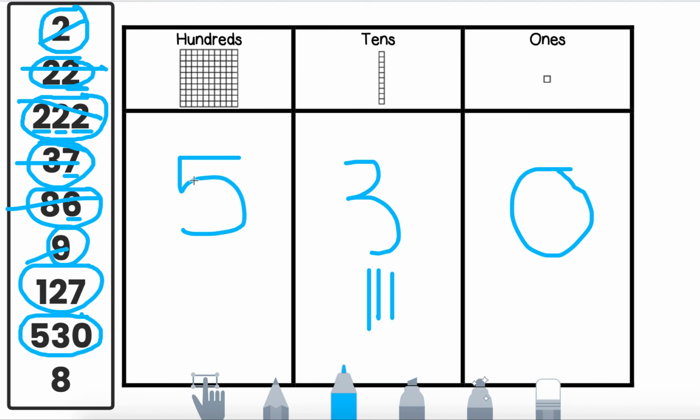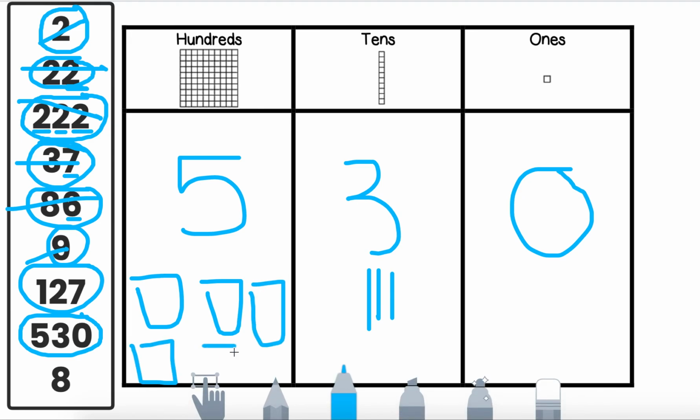And now I have a 5 in the hundreds place, so how many squares am I going to draw? 5. I'm going to draw 5 squares. 1, 2, 3, 4, 5, and they don't have to be perfect. But I have 5 hundreds, 3 tens, and 0 ones. 530, and they match my numbers over here.